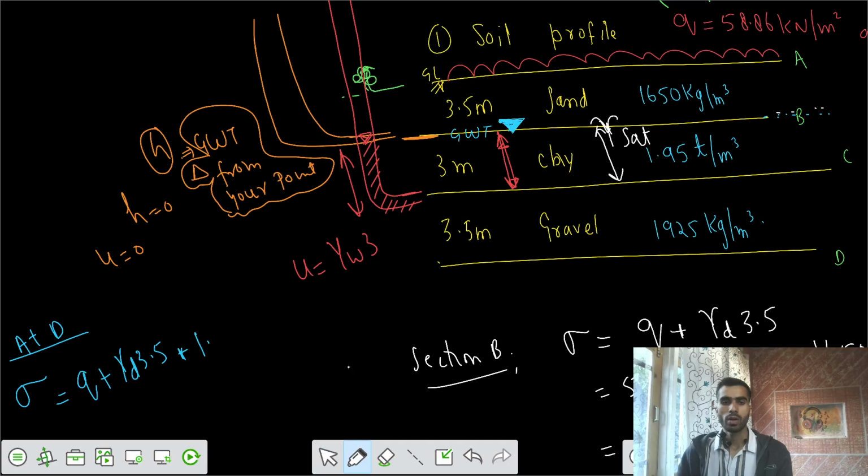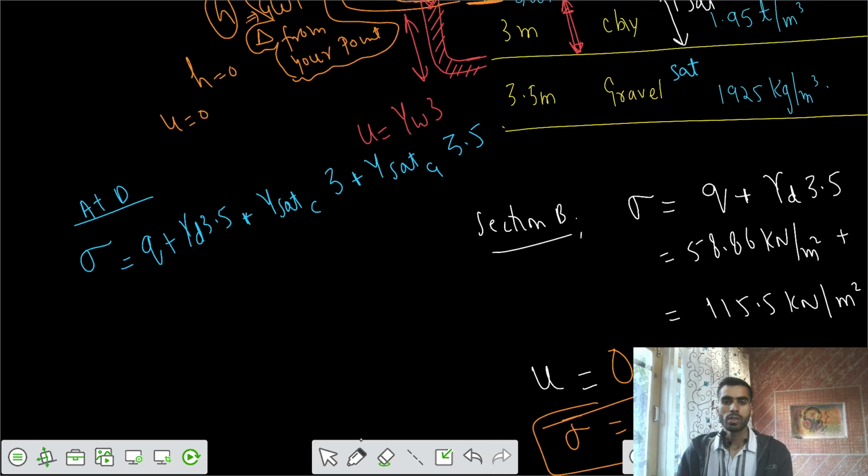So I would write 1.95 tons per meter cube, that's your gamma sat for the clay, into 3 meters, plus after that we have one more saturated soil, the gravel. So I would write gamma sat of the gravel into 3.5 meters. That is the total stress.